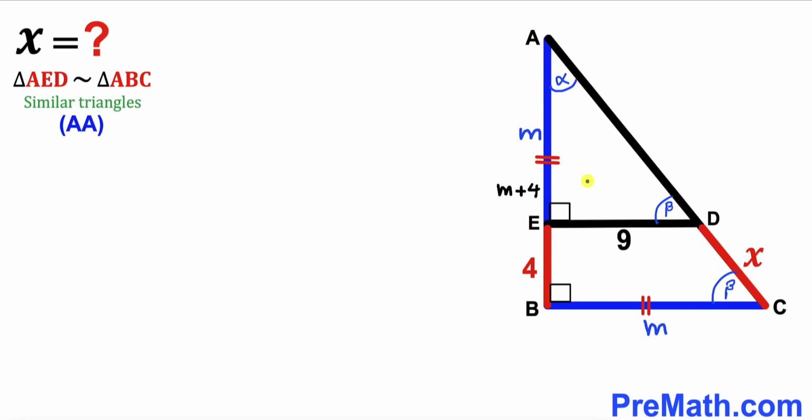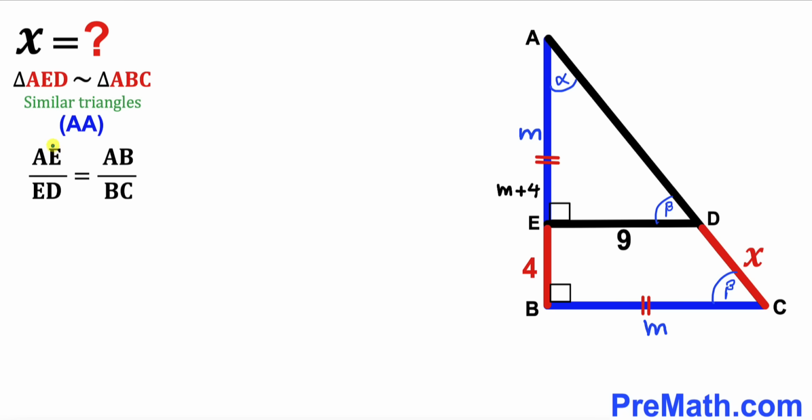Since these two triangles are similar, we are going to have a proportion. In other words, the ratio of the segment lengths AE and ED must be equal to the ratio of the segments AB and BC.